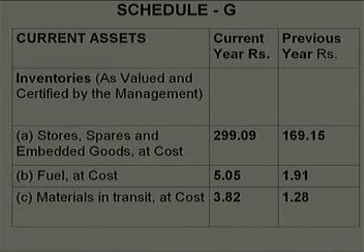How much material is there in your store, what is its value, so that is written. How much spare parts are available in your stores, what are their values, you will find it from here. How much fuel you have stored in your store, that is also available here. Material in transit, you must have paid some money and the material you may not have received, that is also part of your asset.